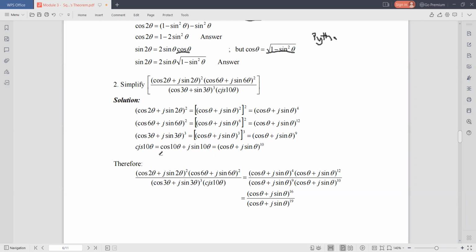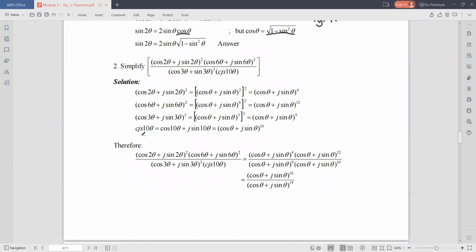So therefore, your equation here will be cis 10 theta, which is equal to this. We go one by one: first this, second this, then third this, and then cis 10 theta is this.